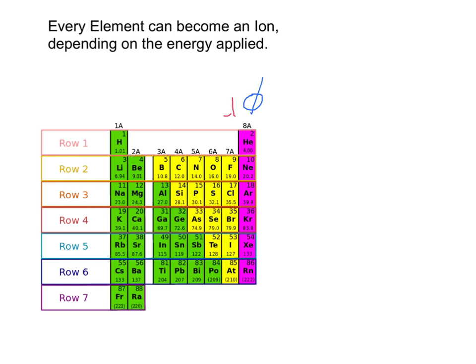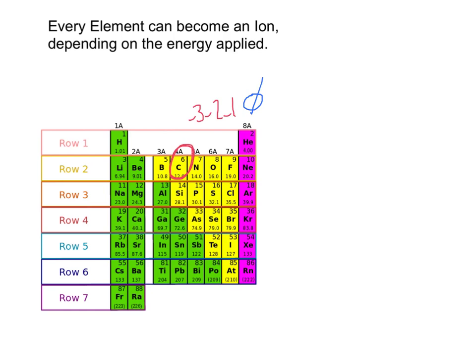Oxygen, sulfur, selenium, tellurium are going to have a -2 charge. These top three, and that's the reason for the color difference here, are going to have a -3 charge. Carbon is one that's kind of in the middle. This is where the switch comes.